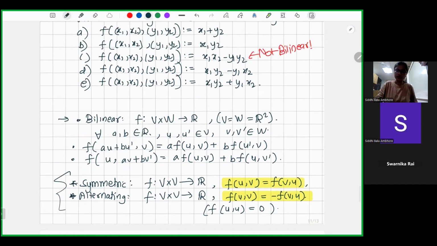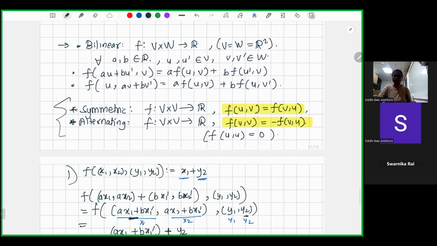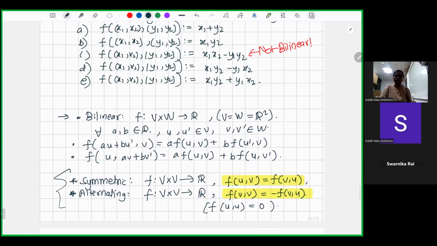The fourth one will be bilinear, because see here, the first one will be a x1 x2 squared, so it will be a squared x1 x2 in the first, for example on the left hand side of this one. What I'm saying is that when I'm calculating this, it will be a squared something, and v will be as it is.